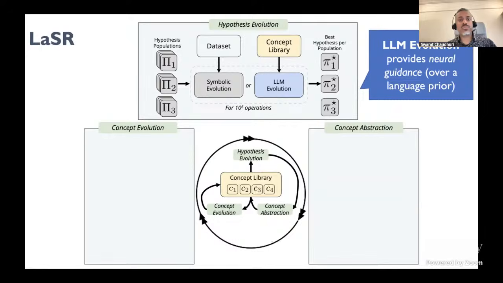At this point, you have a choice of doing evolution either guided by the classical symbolic method, where you're doing some random tweaks to the abstract syntax tree of the program, or alternatively, you are doing this LLM-guided evolution, where you say: here is a concept, here is a program that I have, and I want to generate a new program. You are being guided by this concept library, which tells you the concepts that I'm thinking about right now.